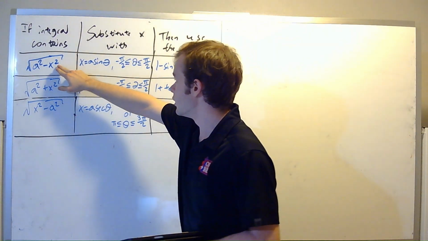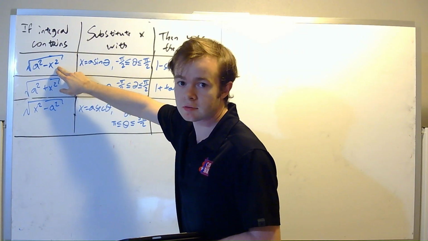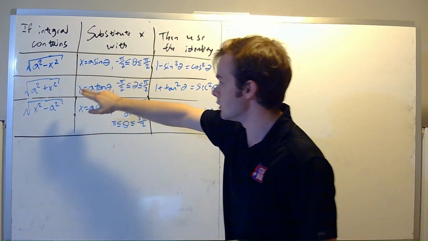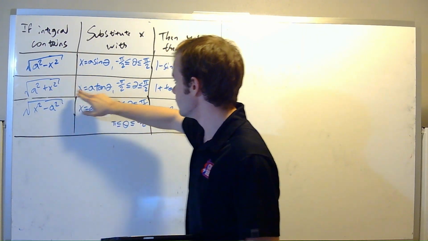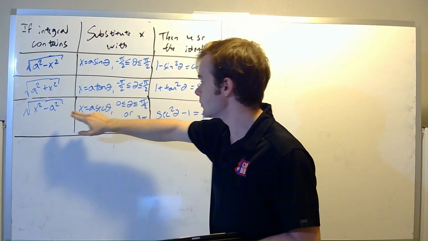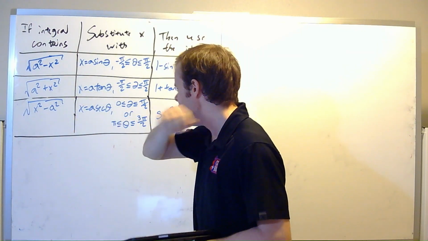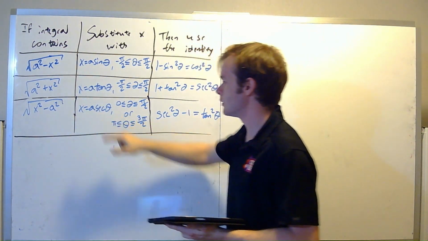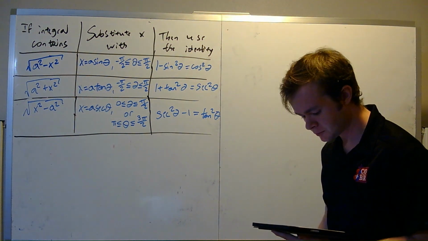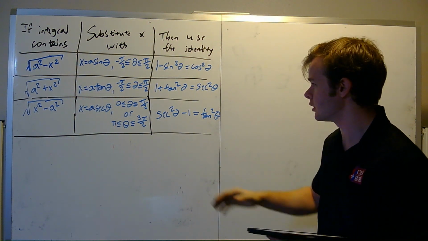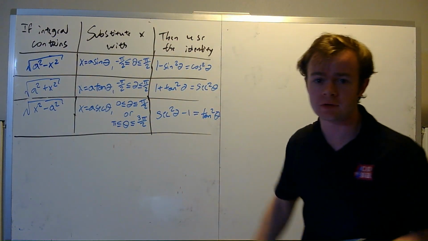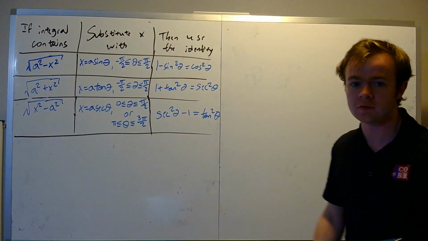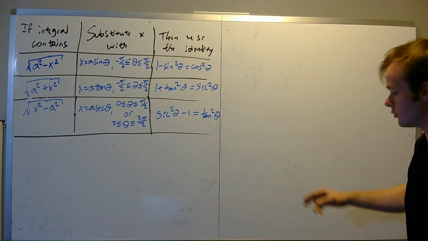So if our expression contains this type of square root, then we know that x is equal to a sine theta. If it contains this type of square root, it's a tangent of theta. And if it contains this type of square root, it's a secant of theta. So now we can actually just go ahead and solve problems just using this table, and it tells us exactly which identities we're going to have to use in the problem to help us solve it.